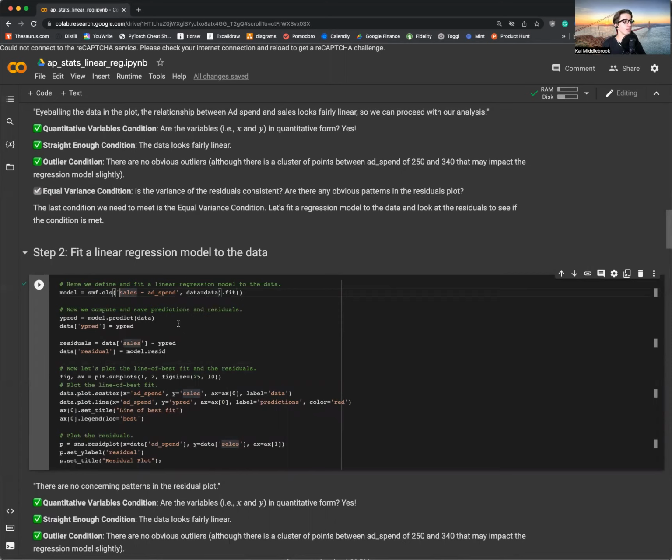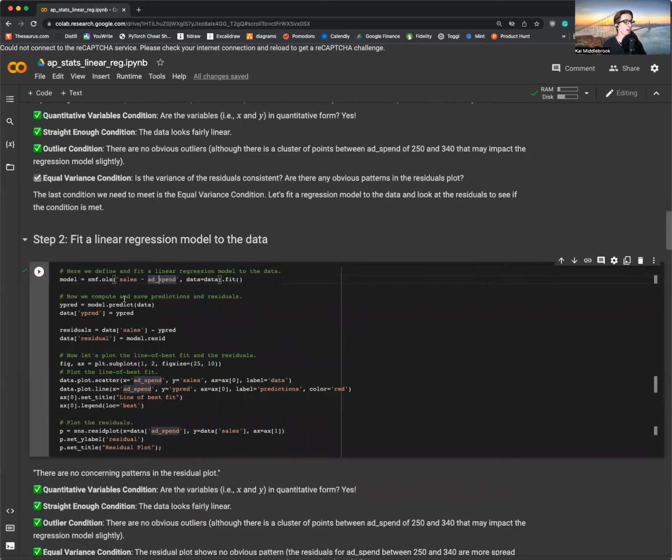Our response variable, our Y variable, is sales. And our explanatory variable here is ad spend, right? That's our X. So that's our input, right? So we've defined the relationship we're trying to model. We're passing in the data, and we're fitting the linear regression model.